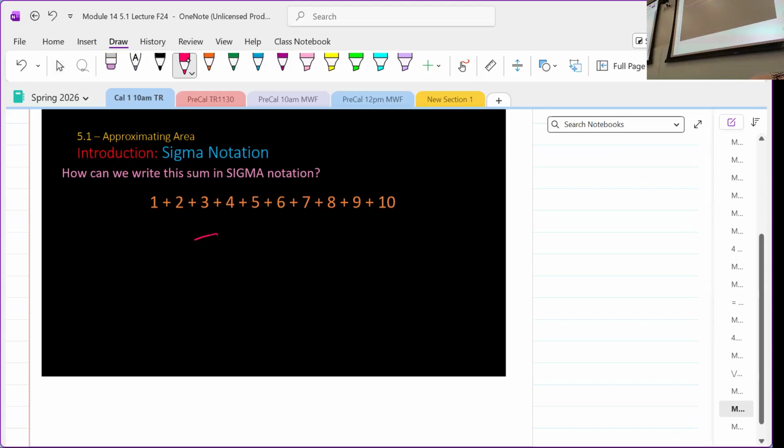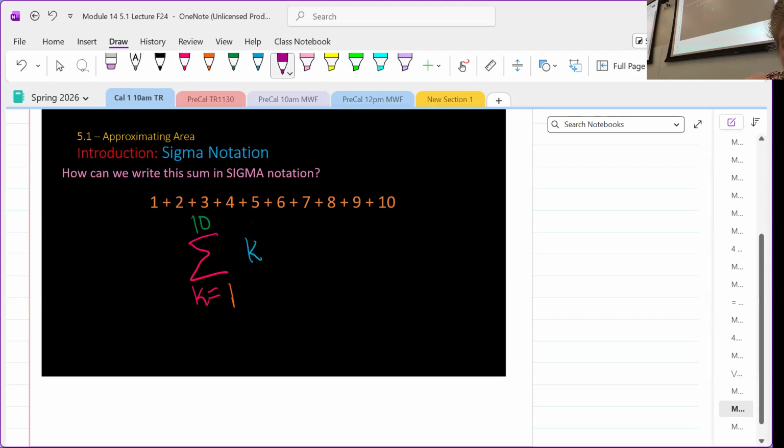So using our sigma notation, I'm going to start at 1, and I'm going to go to 10. And then what I want inside the sigma, the formula, is whatever produces each of these terms I'm adding. In this case, the terms are literally just the number that I'm indexing.